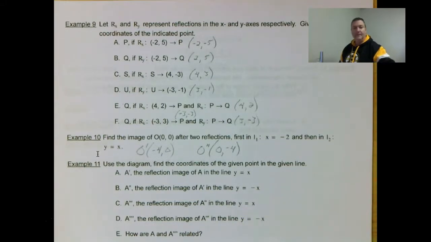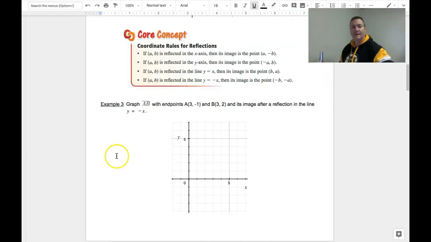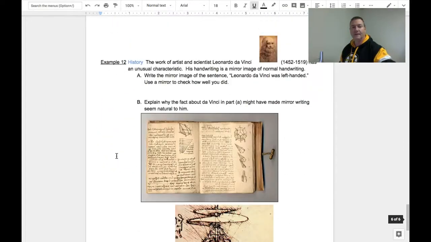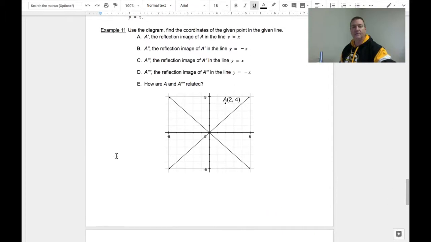Example 11, again, my diagram did not come out. So here we have the diagram, and A is at 2, 4.